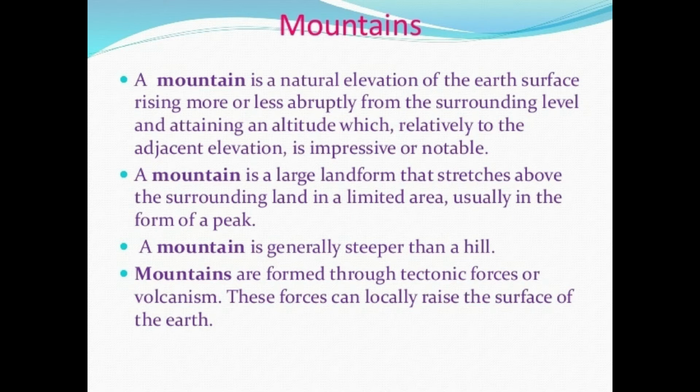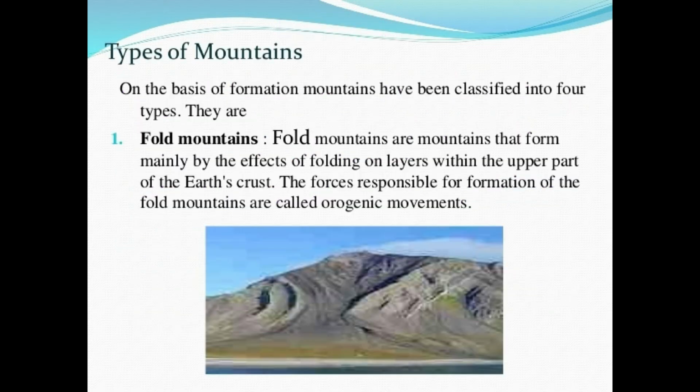These glaciers are frozen masses of ice which may be hundreds of feet thick and hundreds of meters wide, just like a river you see. Many of the rivers which we see in the plains originate from the glaciers and travel through hundreds of kilometers to reach the sea. Types of mountains.